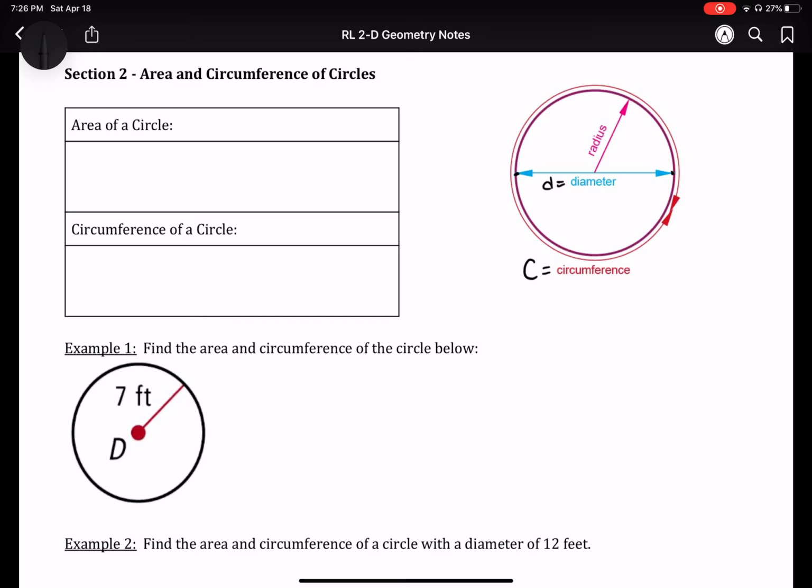It's the distance from the very center of the circle to the edge, and that is the radius, which we label with an R.